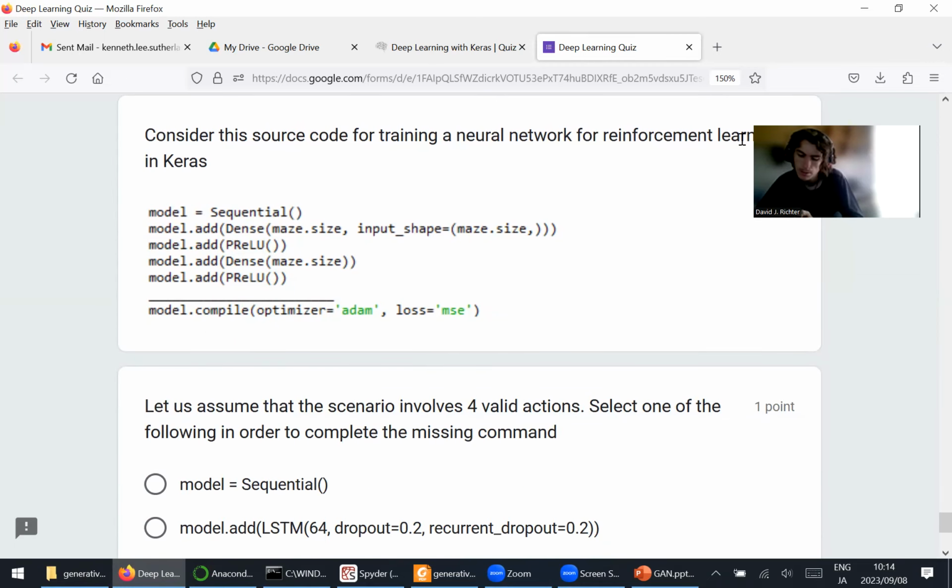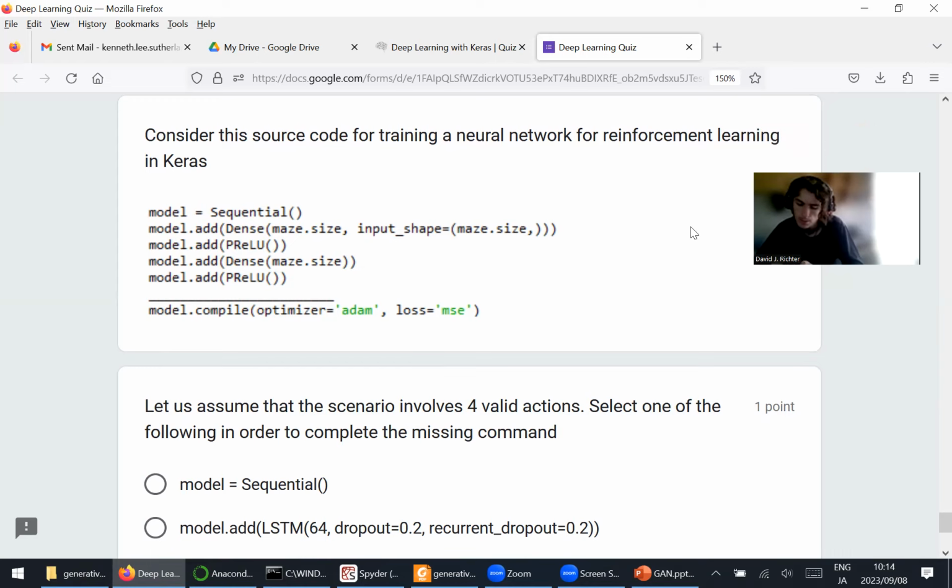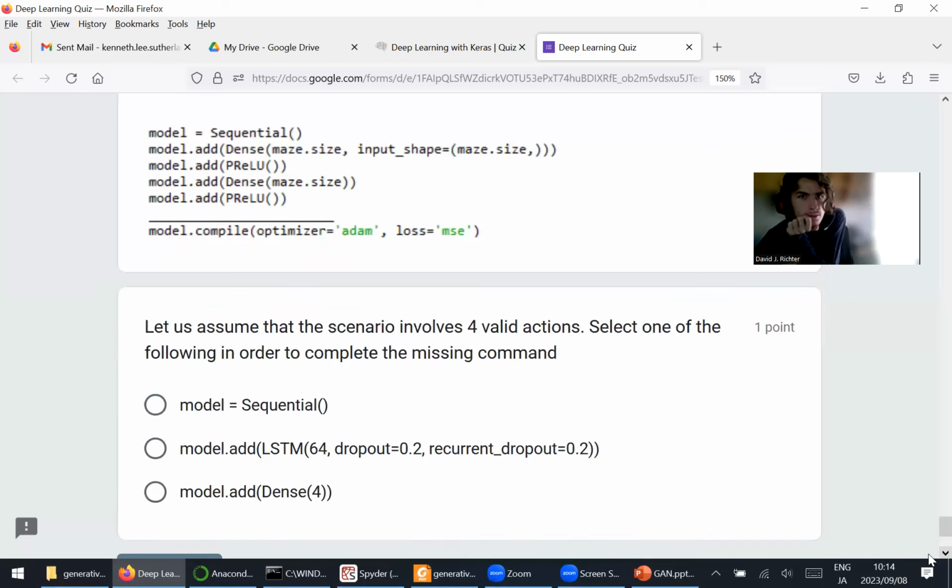Okay, consider the code training a neural network. Let's assume this is for reinforcement learning in Keras. Oh God, what is all this PReLU? Input shape base size, that makes sense. And the output shape should be number of actions.